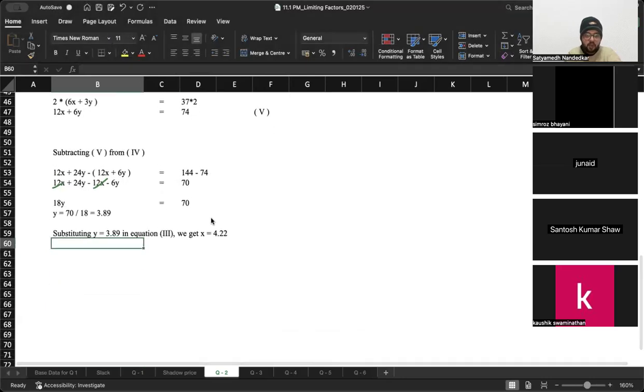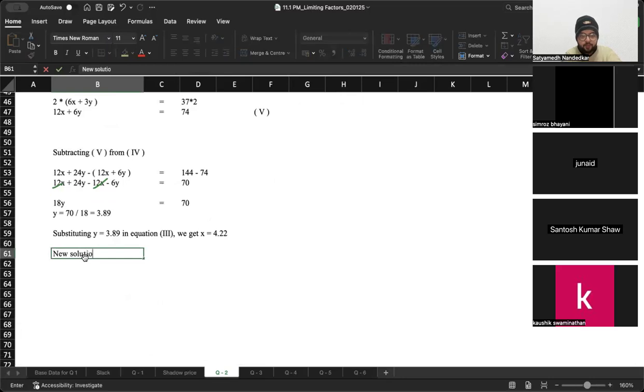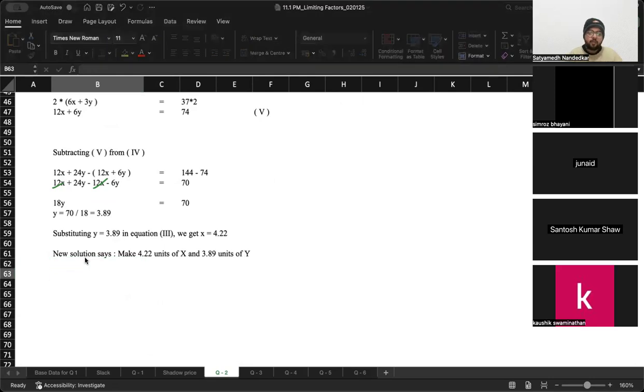So what is the new solution? The new solution says make 4.22 units of X and 3.89 units of Y.